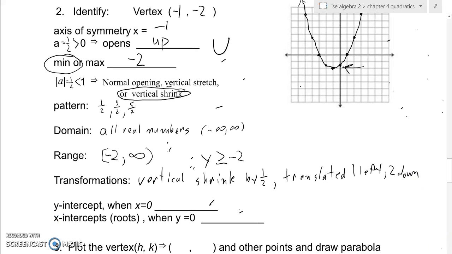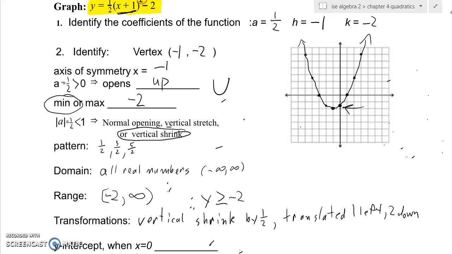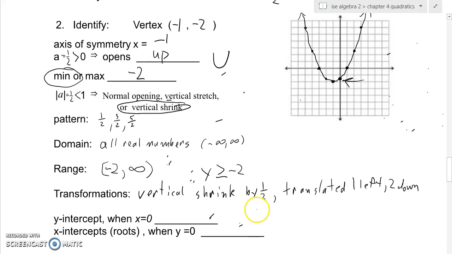Our y-intercept, when x equals 0, is now harder to find. We want to plug into our equation. When we plug in the 0, y equals 1/2 times (0 plus 1) squared minus 2. It doesn't just give us the y-intercept like the c used to in ax squared plus bx plus c.